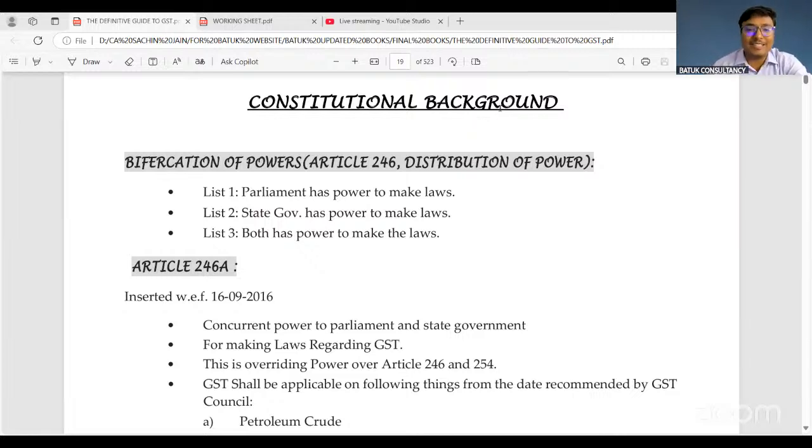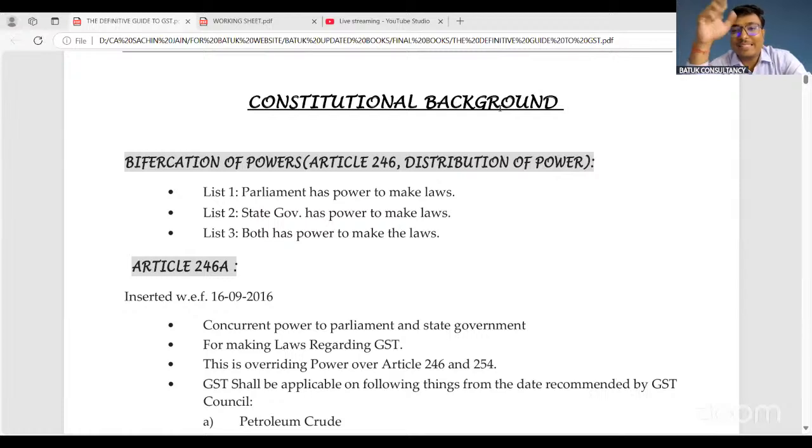Today we'll start our discussion on the sections part, on the provisions part. In the first three sessions, we have covered the specific basics of GST: why GST, what GST. We have covered the various ledgers available on the GST common portal, various returns available on the GST common portal, the outward supply, output tax, inward supply, input tax.